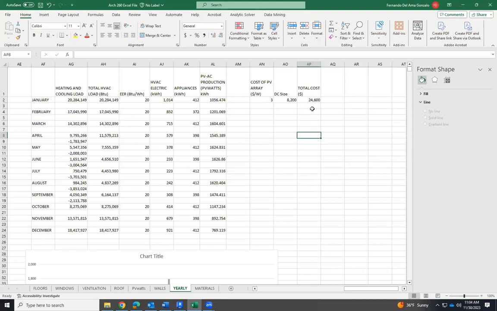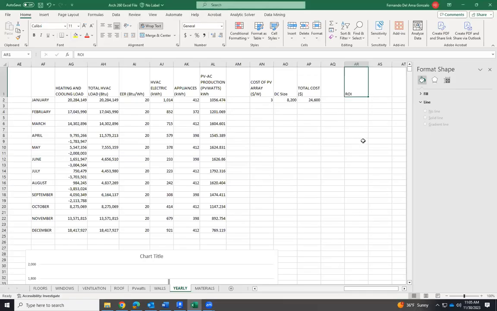Now, is it worth it? That was the question. We can use the concept of return on investment. Actually, it's not the return on investment, but the time to break even. It's not a very scientific concept.